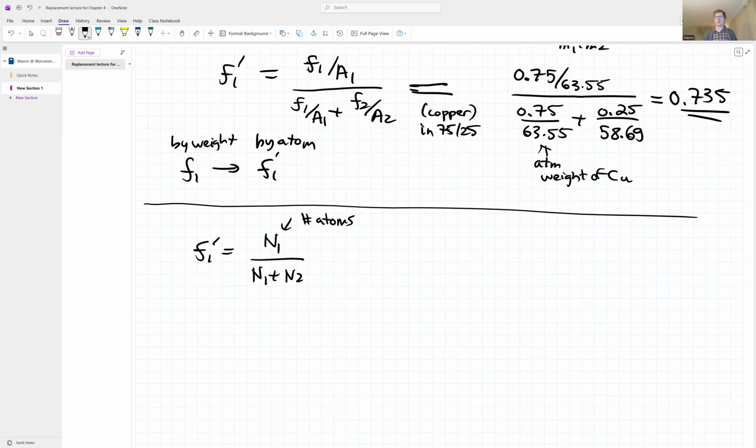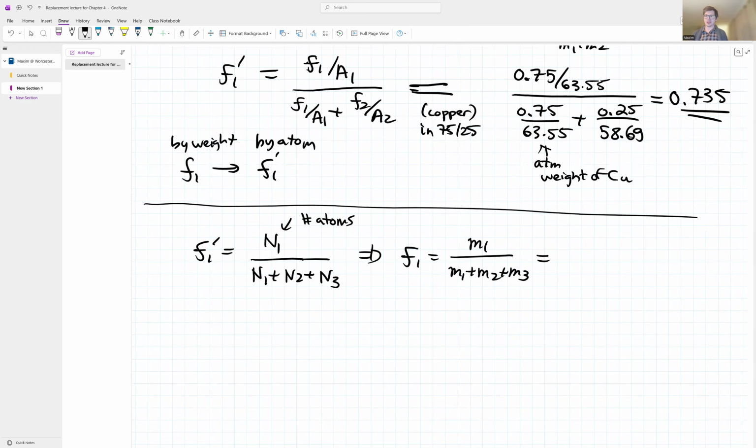You can even do multiple components, maybe a triple alloy of three different components. How do you get the percent by weight? Well, that's easy. It must be the mass of component one divided by the mass of component one plus the mass of component two plus the mass of component three.